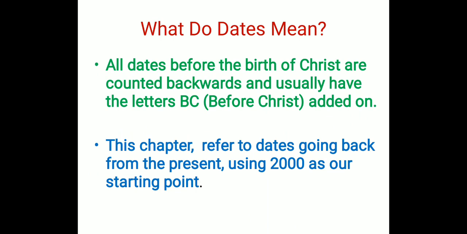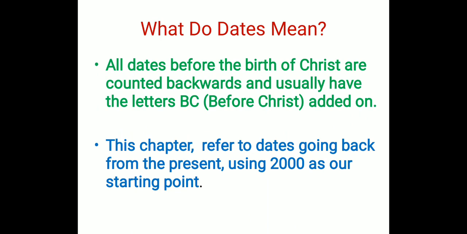Usually those dates are written with BC. We have seen various times that so many dates like 200 BC, 300 BC are written. Those are the dates which are before Christ, when there was no birth of Jesus Christ.